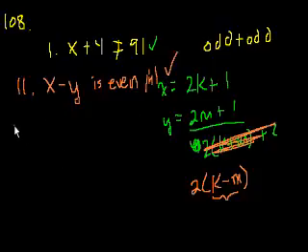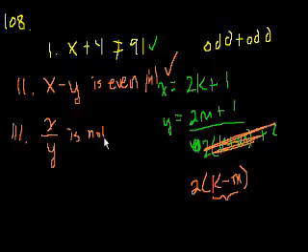Now statement 3. X divided by y is not an integer. Well, we know that x is prime, which means it only has 2 factors, 1 and itself, and we know that x isn't 2. We know that y is another prime number.